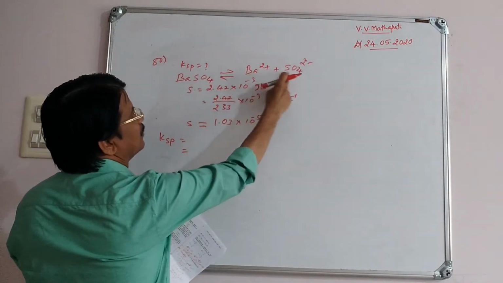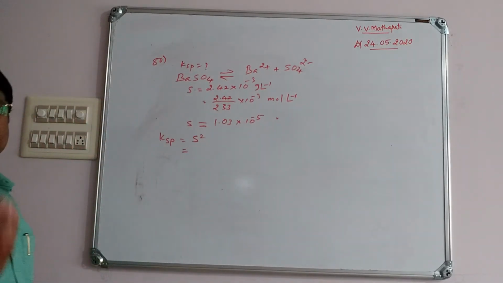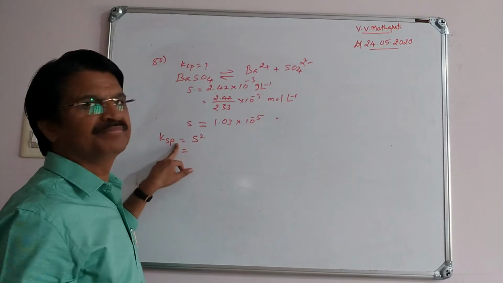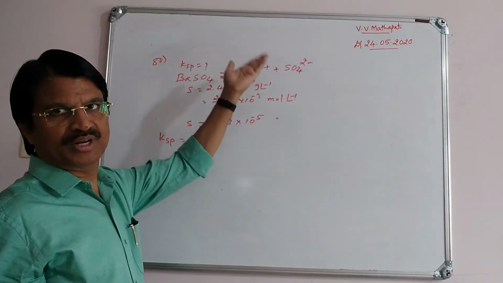S gives S into S, therefore S square. In case of an AB2 type salt, S gives 2S, therefore 4S cube.